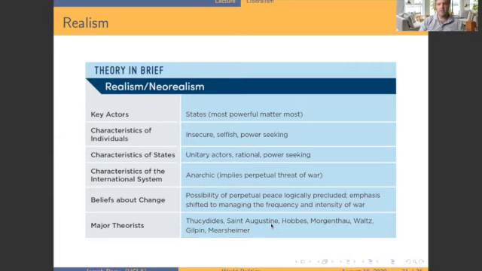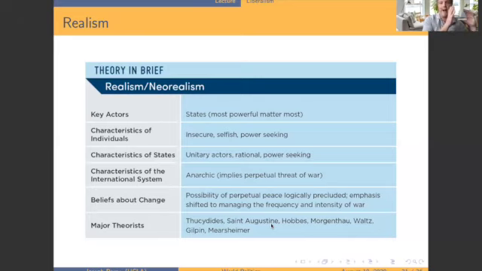Because the international system is anarchic and will remain anarchic, states can only rely on themselves to protect themselves against other powers, and therefore must seek out power to protect themselves.